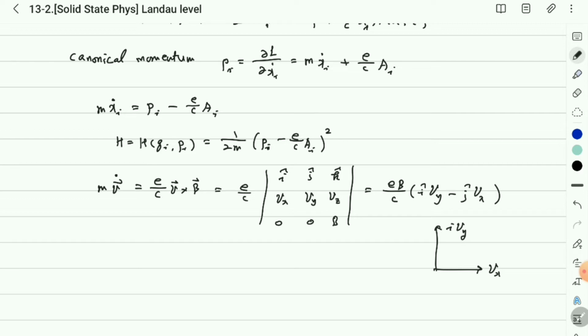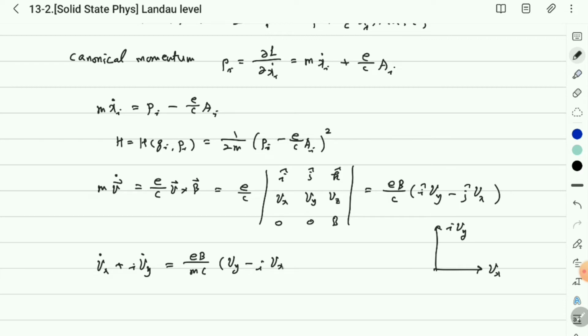Then we can consider the vector as a complex plane. In the complex plane representation, vx dot plus i vy dot is the velocity, and it equals eB over mc times the x component, which is the real value vy, and the y component, which is the imaginary value minus i vx.